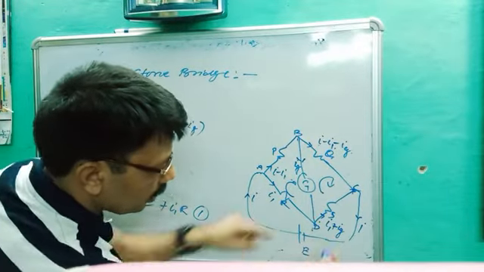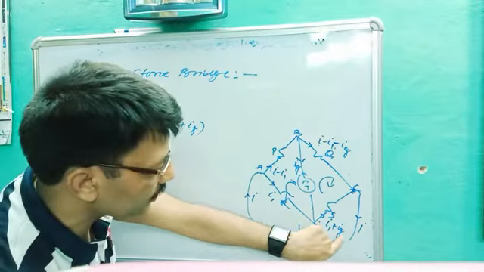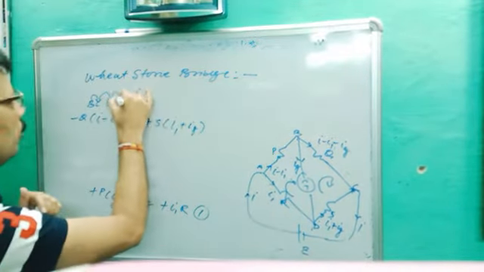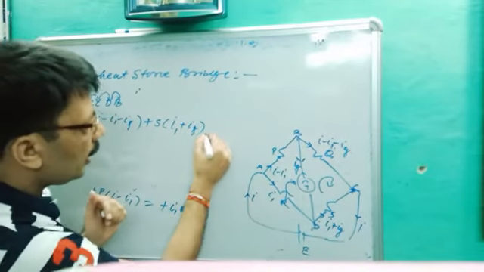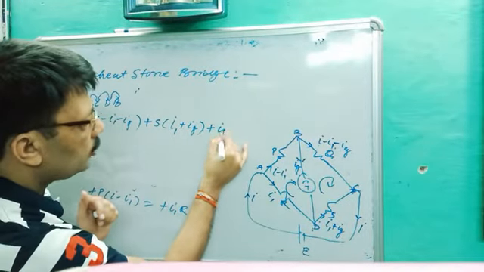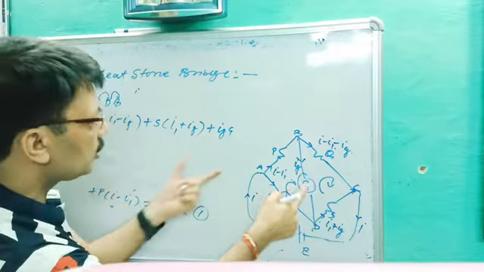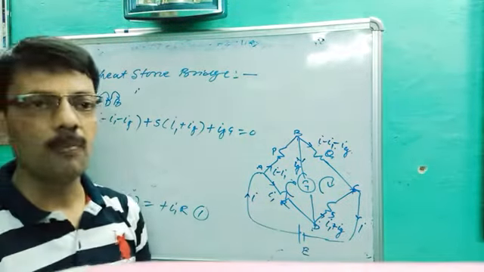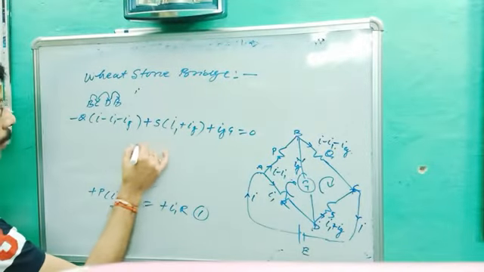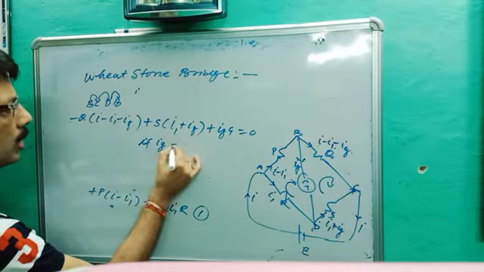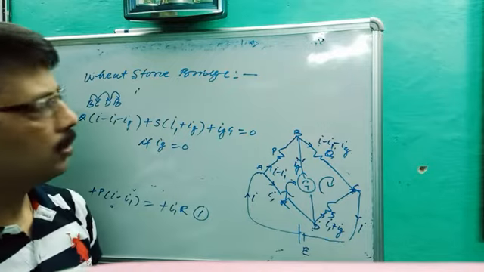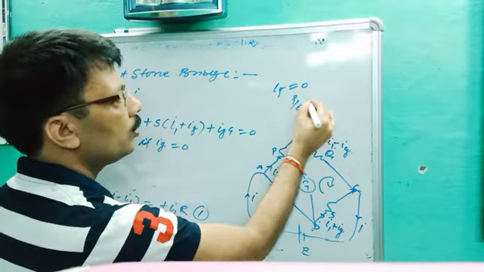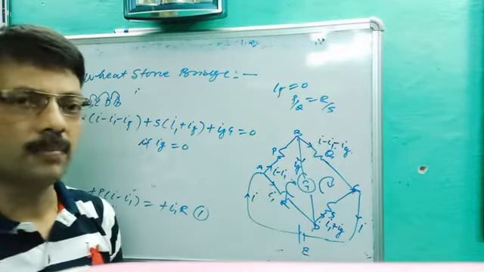C to D, resistance is S and current is I1 plus Ig, and you are moving in the opposite direction, so it will be plus. And again, D to B, you are moving in the opposite direction, so plus Ig into G. Ig is current, G is resistance, and Ig is equal to 0. Here is the point: Kirchhoff's law of voltage. Again, we have to assume Ig is equal to 0, because our aim is, if Ig is equal to 0, then P upon Q is equal to R upon S. Anyhow, we have to prove that.